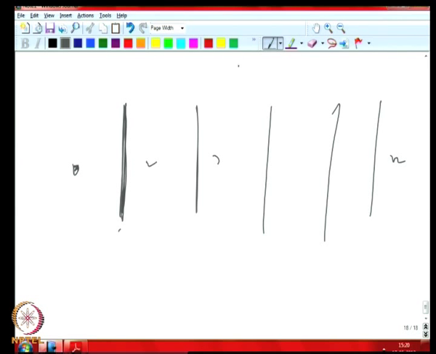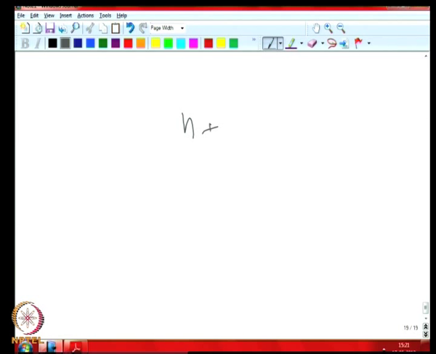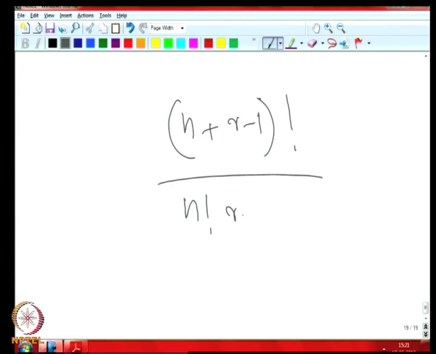Any way of placing corresponds to one linear ordering of r dots and n minus 1 bars. So the total number of ways we can do this is n plus r minus 1 factorial divided by r factorial into n minus 1 factorial.